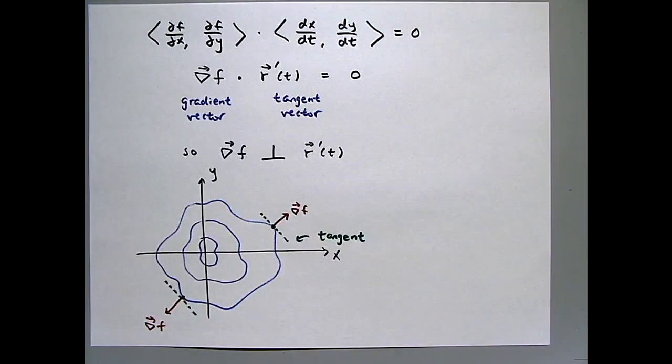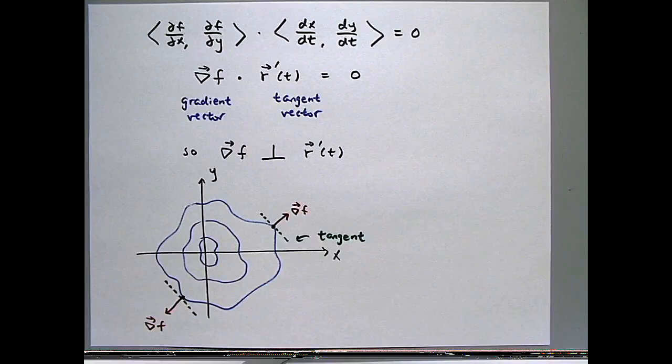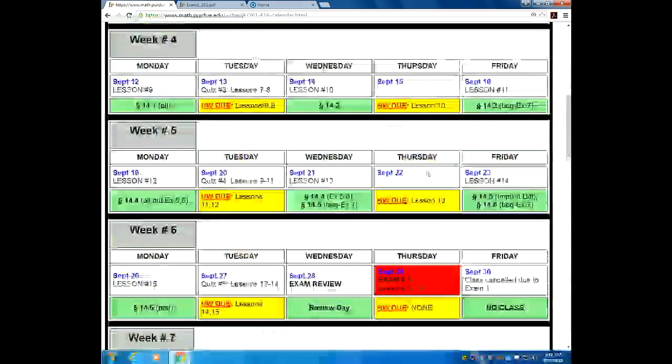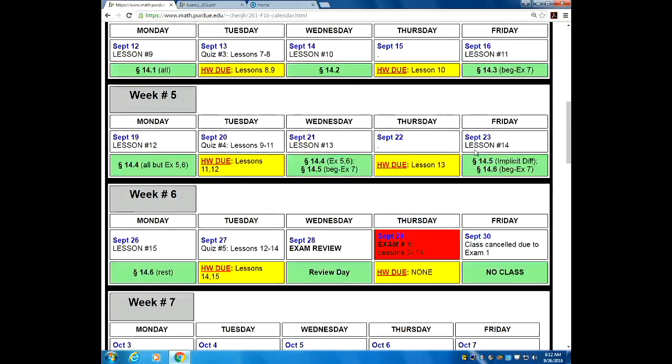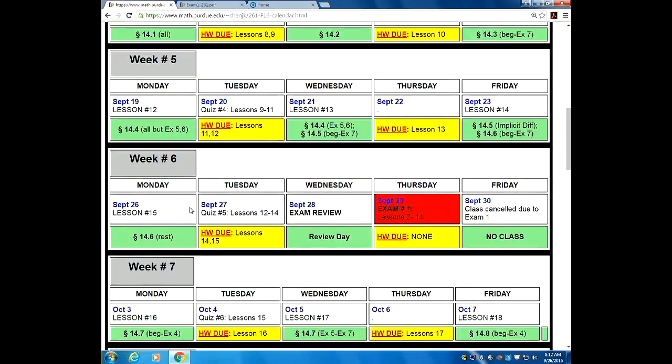Okay, let me talk a little bit about what we'll do on Wednesday. So today we covered lesson 15. Remember, 15 will not be on the exam. The exam will cover everything up to what we did on Friday. And on Wednesday, we'll do an in-class review. I sent you by email, I think, 4 old exams to look at.